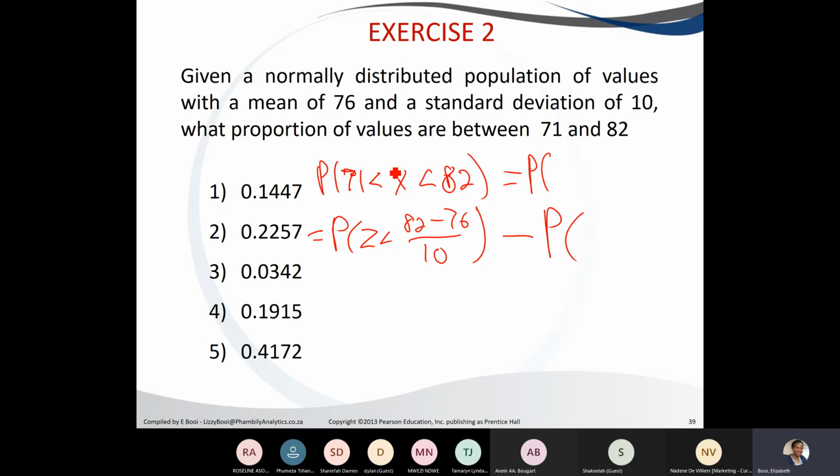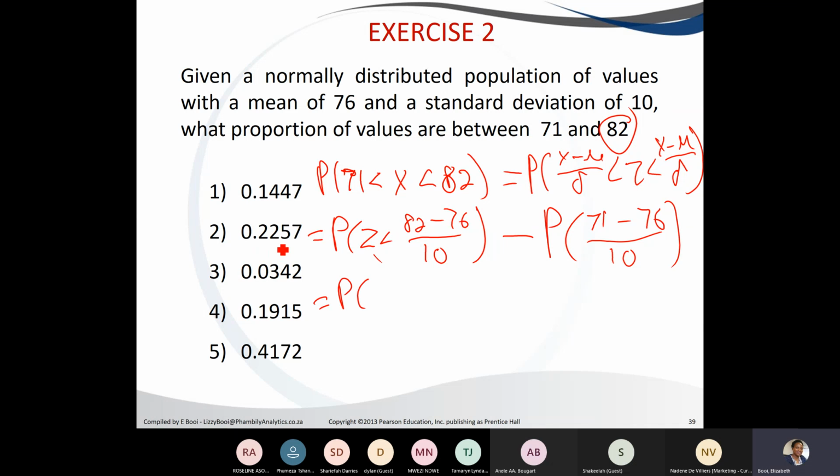We substitute the values of X minus the mean divided by the standard deviation, and you do the same on this side. Here I'm just going to do an extra step of splitting the two, and say we start with the 82 first, and then the Z of 71 minus 76 divided by the standard deviation of 10.